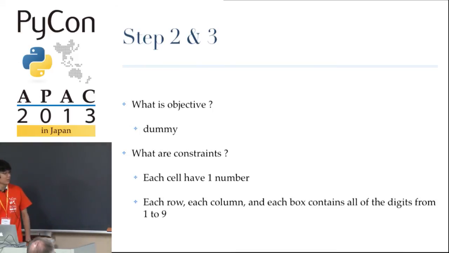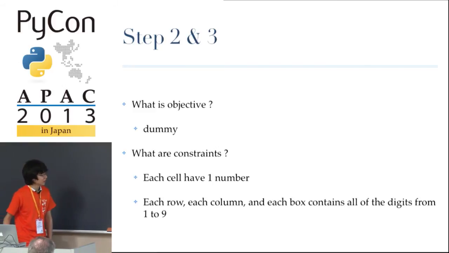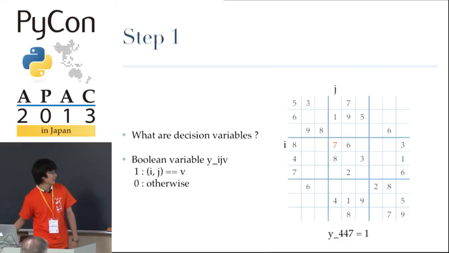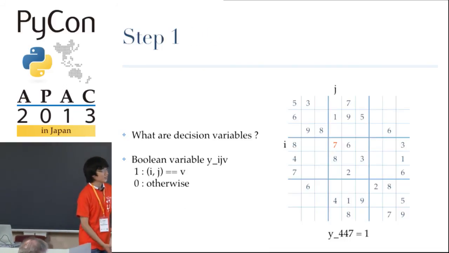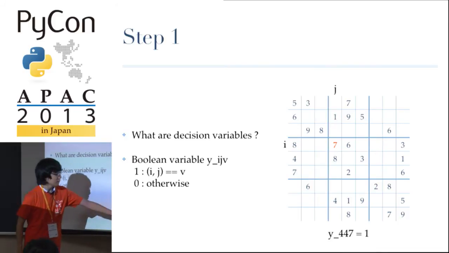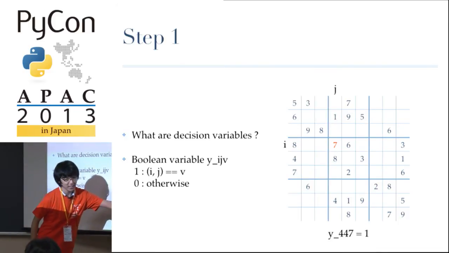And what are the constraints? Two kinds of constraints. Each cell has one number. It is not allowed that y447 is 1 and y448 is 8.